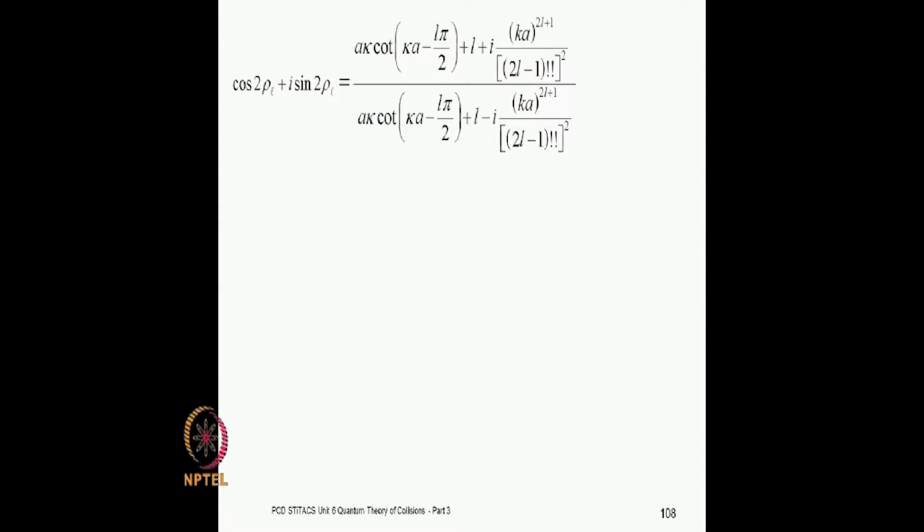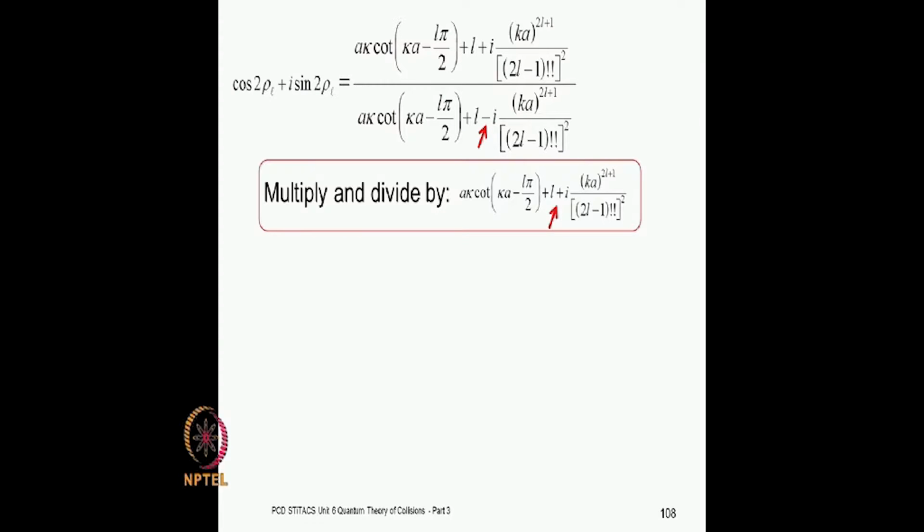And now what does it give us? You have a minus sign here in the denominator, so you have got in the denominator a complex number, and you multiply this ratio and also divide by the complex conjugate of the denominator, so that in the denominator you will get the modulus square. That is the idea.